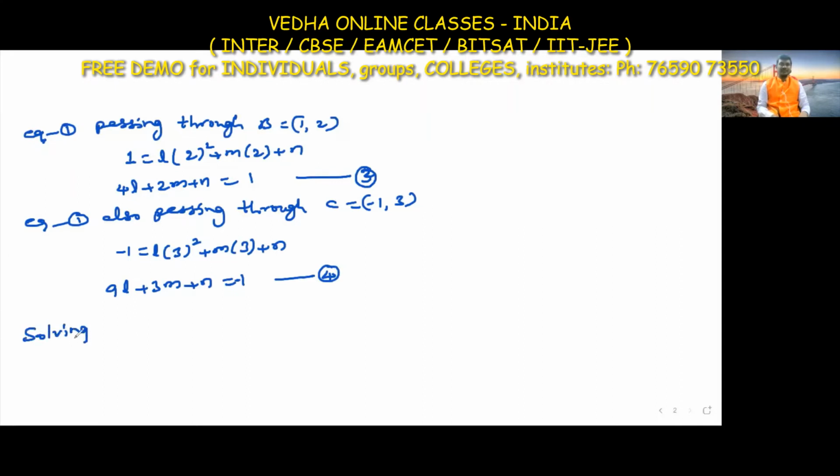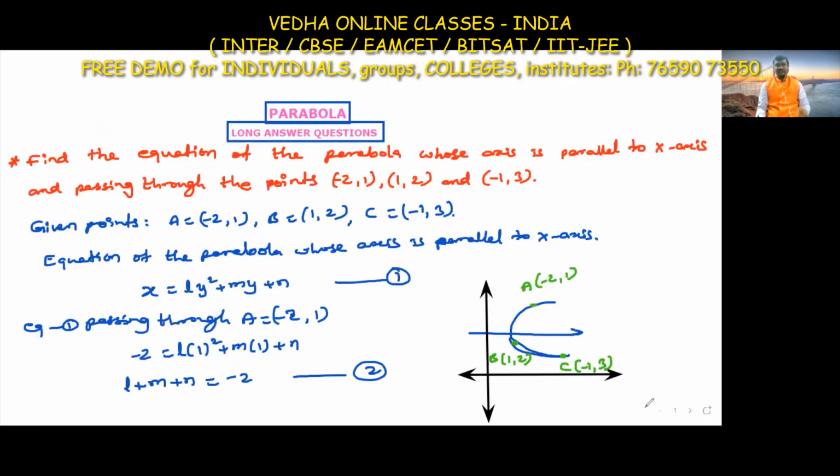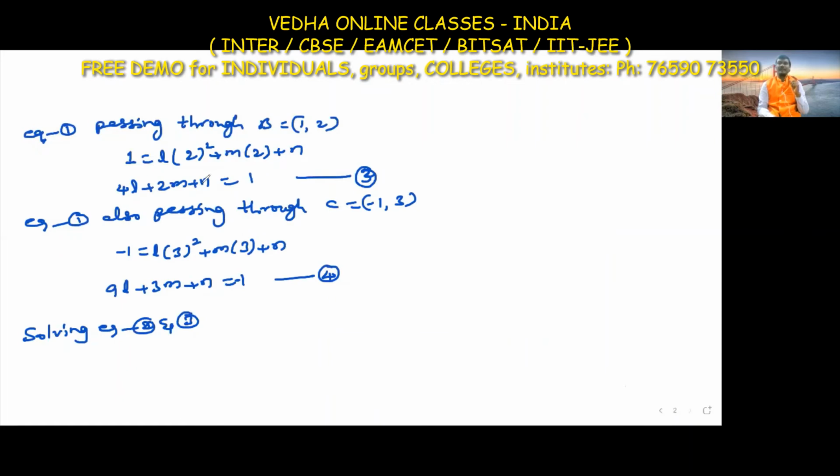Equation 2 is L plus m plus n equals -2. Observe all the equations: the coefficient of n is 1, and only the coefficients of L and m change. So L plus m plus n is equal to -2 here, and 4L plus 2m plus n is equal to 1.